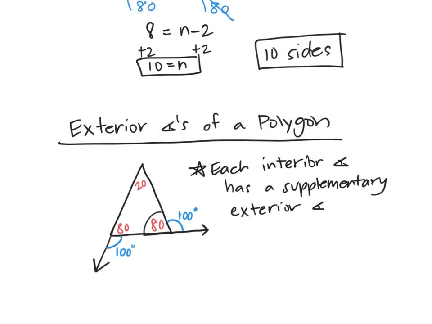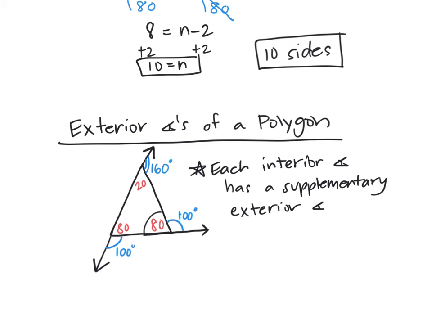And then lastly, let's go up to our 20, and I'm going to extend this way, and I will create an exterior angle. My exterior angle has to be supplementary with 20. So 180 minus 20, this has to be 160 degrees. So each of my interior angles has a supplementary exterior angle.